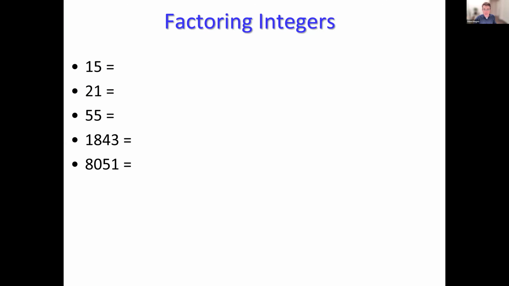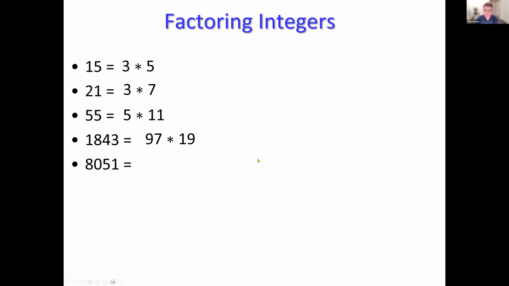We're trying to factor integers, and if you have 15, it's okay, 3 times 5. If you have 21, it's 3 times 7. 55 is 5 times 11. 1843 is a bit more difficult: 19 times 97. And this already gets more difficult. So 8051 is a number that I'll use as a running example.